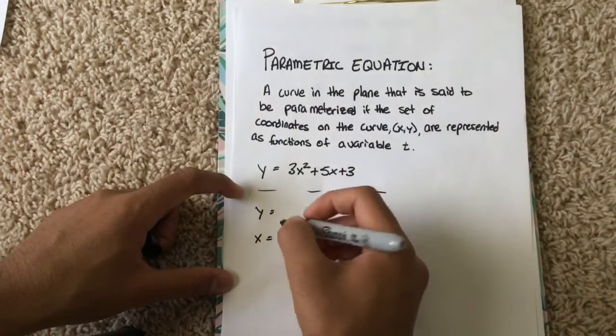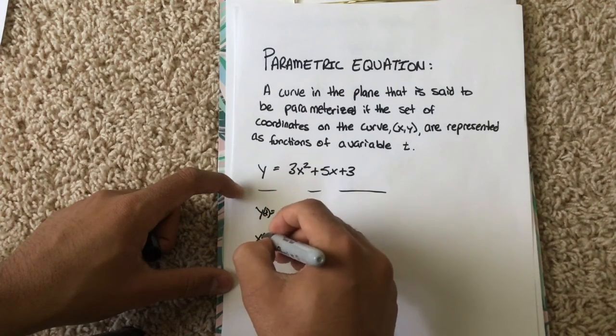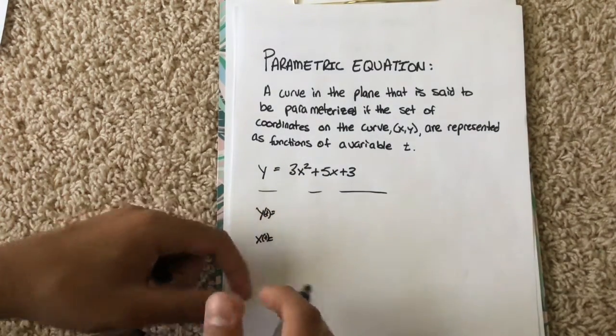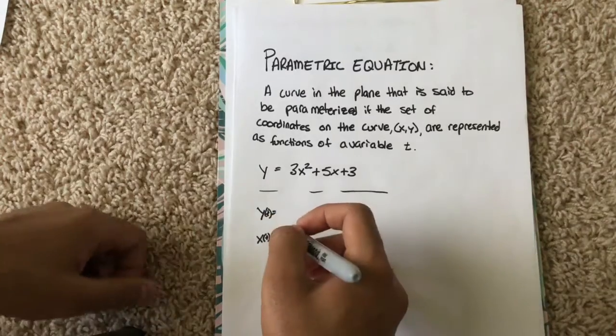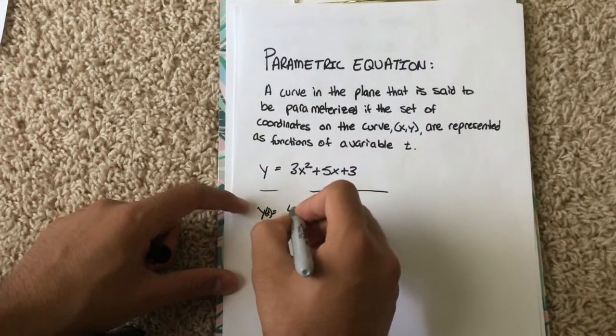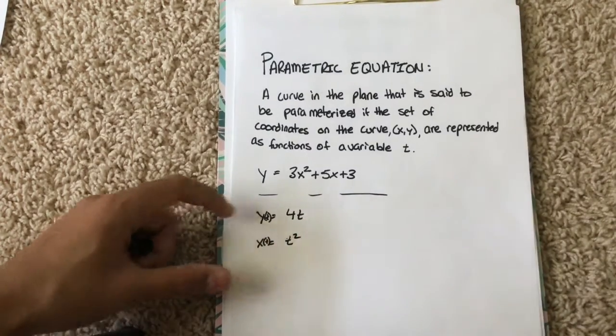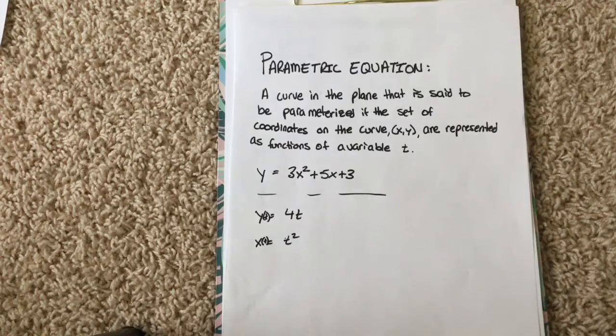We can also notate this as y of t and x of t. So if I were to have y of t is 4t and x of t is t squared, this is going to be my parametric equation.